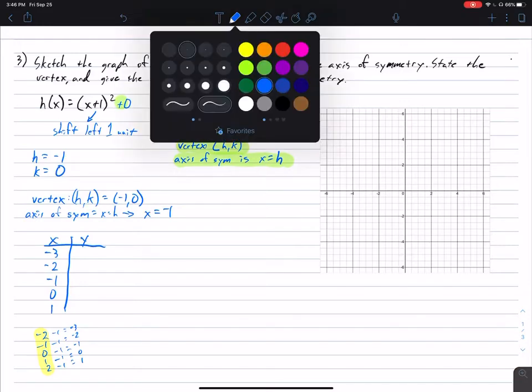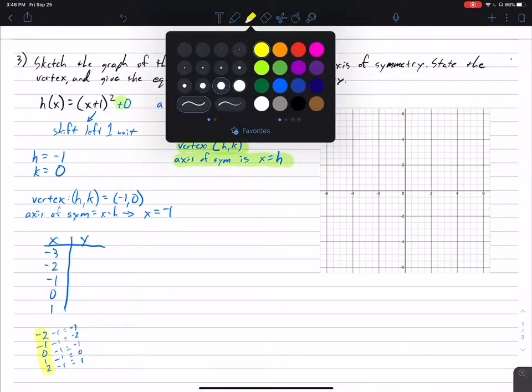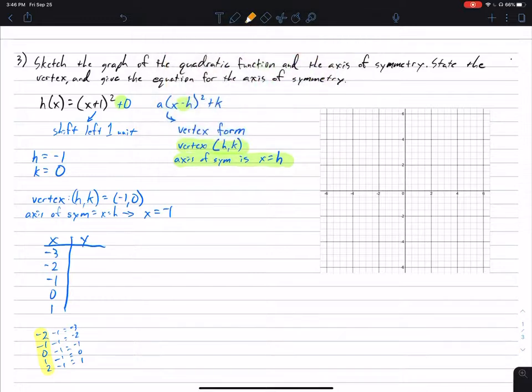All right, now next, we are going to take these numbers here and plug them in as our x values, and then we're going to find the y values. So negative 3 plus 1 would be negative 2, and then we want to square that, so that's going to be 4. Negative 2 plus 1 is negative 1, squared would be 1. Negative 1 plus 1 is 0, 0 squared is 0. 0 plus 1 is 1, 1 squared would be 1.